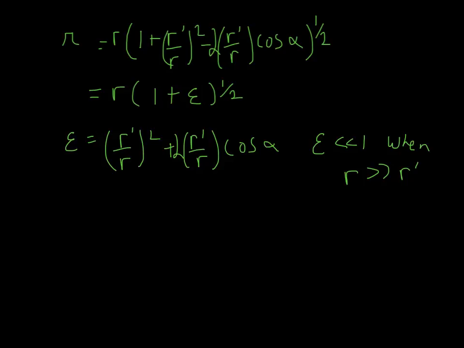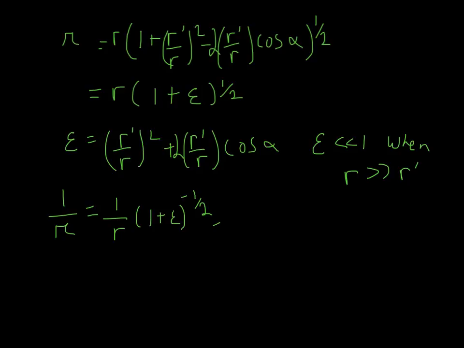So we can rewrite 1 over r script, which is in our integral for potential, as 1 over r times (1 plus epsilon) to the minus 1/2. And we can binomially expand that.